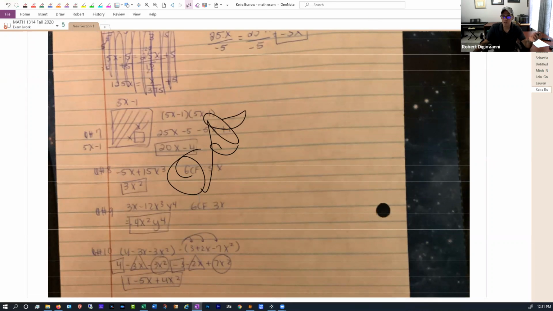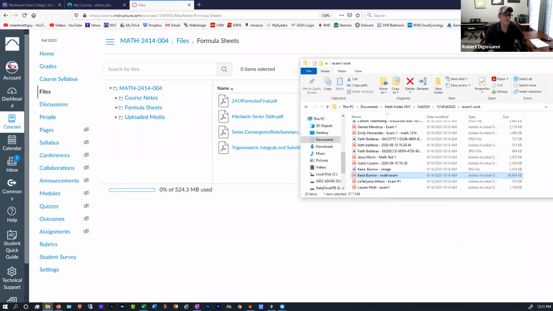Then I will electronically send that back to you. Actually, I won't email it. When you click on your grades, there will be a file attachment there, and it'll be your graded exam, so you can see what you missed. But if you send me 8 files, then I have to open 8 different files. It just slows me down.